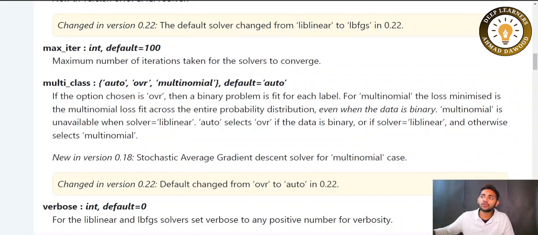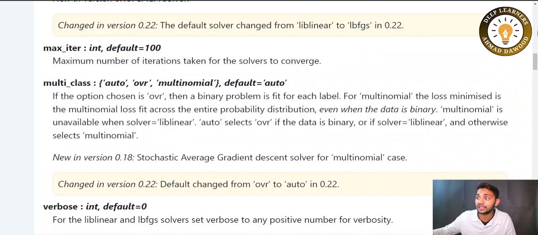And if we make that parameter auto, then this module of sklearn will detect by itself which value should be used for the multi-class case. Depending upon which solver we are using and which type of data set it is, it will automatically select the best parameter value for us. If we select auto, and default is always auto.